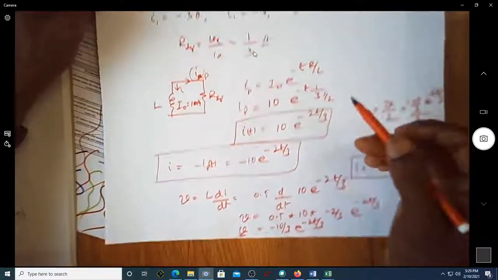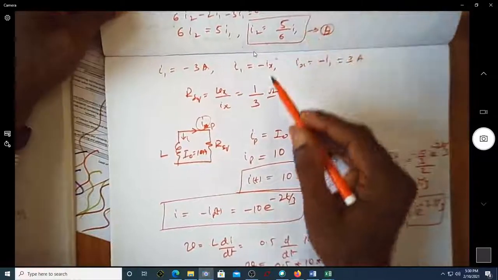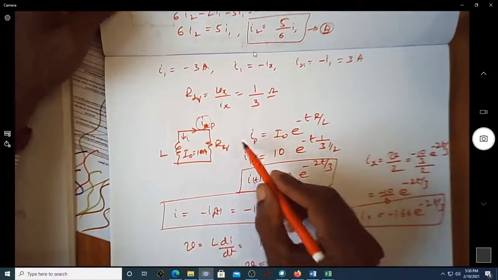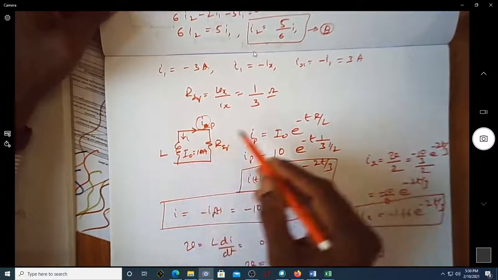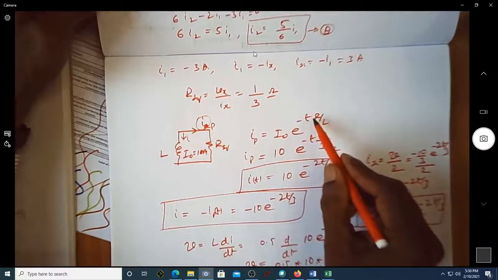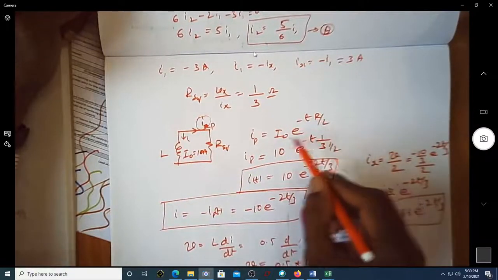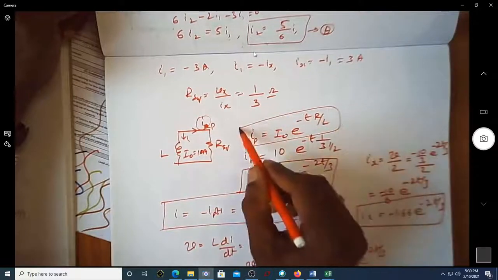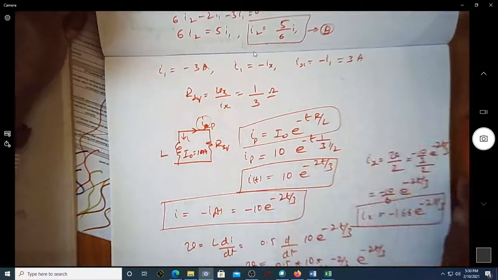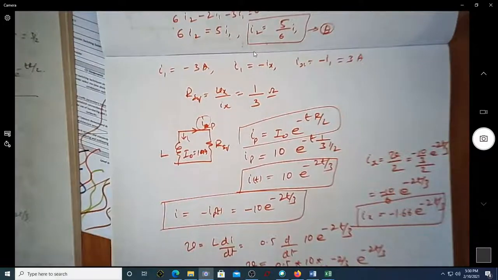In this case we are utilizing the expression for current flowing through the inductor at any given time, given by I naught into e power minus tR by L. This is the equation we are using, which was derived in the previous derivation.